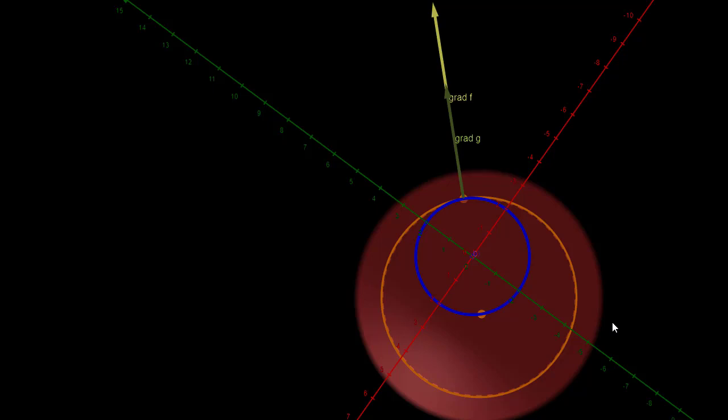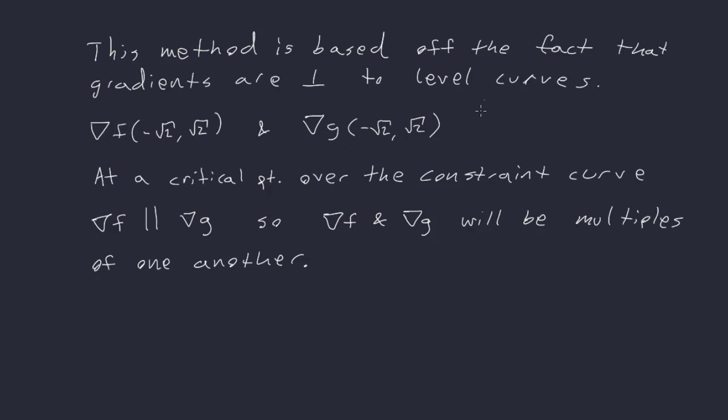So it turns out that the gradient of g is just going to be a multiple of the gradient of f, or vice versa. So at a critical point over the constraint curve, the gradient of f will be parallel to the gradient of g, and so gradient f and gradient g will be multiples of one another.